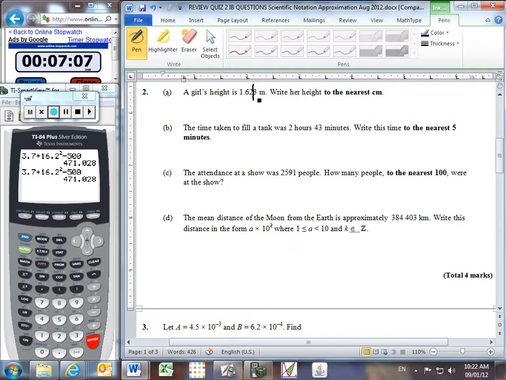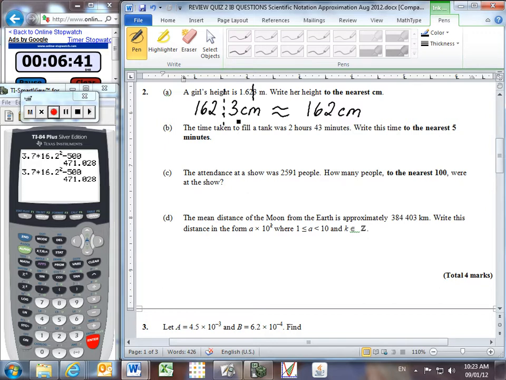One place to start, I suppose, is that we could rewrite this amount in centimeters by moving the decimal over twice. And then, of course, this is going to be approximately equal, as I round to the nearest centimeter, 162 centimeters, because our cutoff is right here and the number to the right is lower than 5.